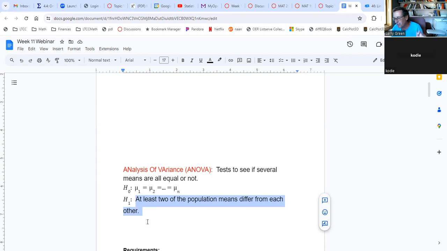And there are hundreds and hundreds of different pairs of states in the United States that you'd have to test. And each time you'd have a 5% chance of type 1 error. And if you did that hundreds of times, at least one of them almost certainly is going to have a type 1 error.